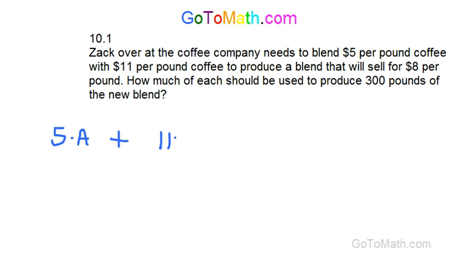Now, we don't know how much, but there's a relationship between this amount and the amount of the $11 per pound, and that relationship is going to be the total number of pounds here, 300 pounds of new blend, so 300 pounds, and if you subtracted off this amount right here, that would give us the amount of the $11 per pound.